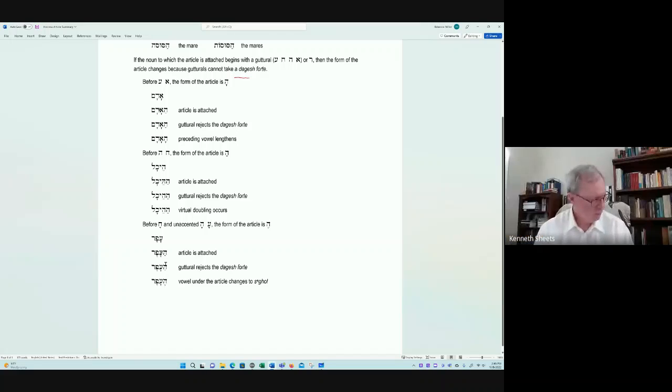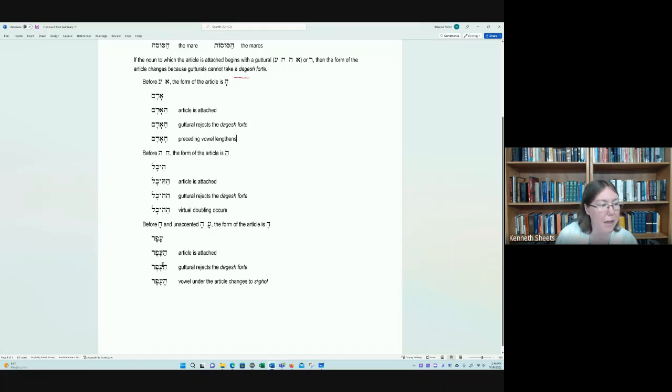So when I put the article on it, hey with a pathach followed by the dagesh forte, the dagesh forte goes inside of the ayin. As a result, the guttural, the ayin here, rejects the dagesh forte, and the vowel preceding it, that is the pathach, changes to the segol under the influence of that unaccented ayin pointed with the kamets. And so those are the various forms of the article.